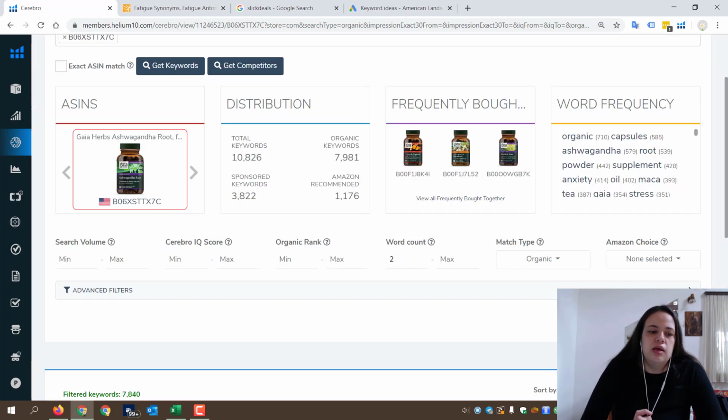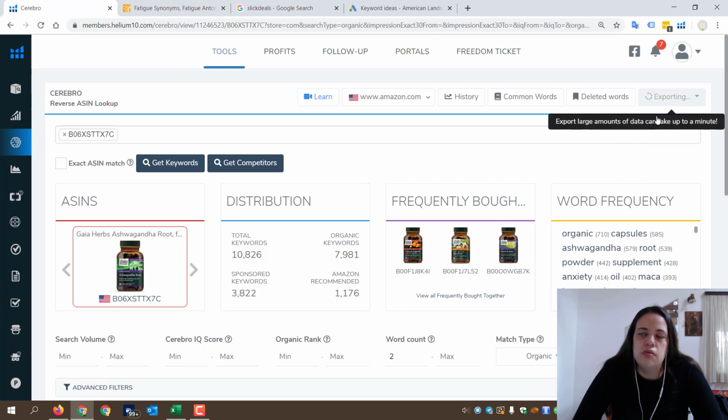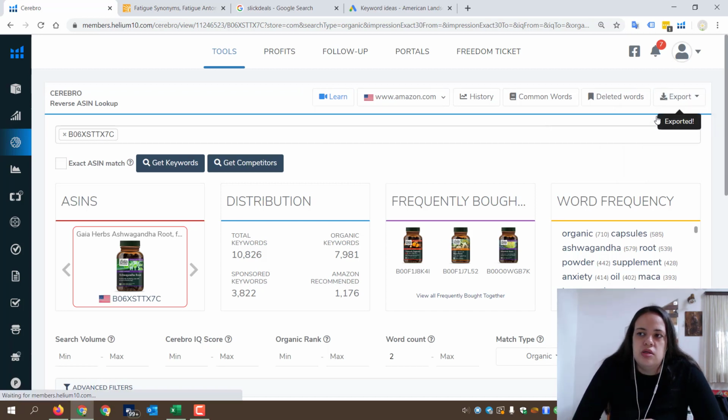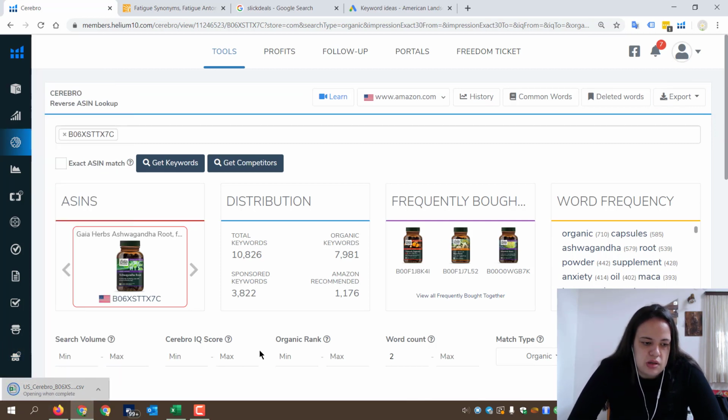This could mean that they haven't thought of using these keywords at all, or they're not bidding on them yet. That's your best chance to get profitable keywords, because you don't have to bid on them so high.